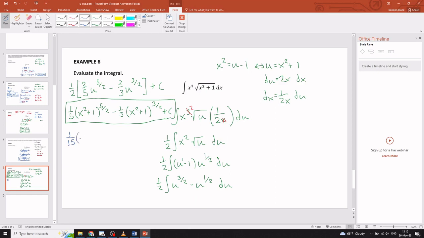So we could factor out an x squared plus 1 to the 3/2. Okay, if we factor that out from this first term, 1/15 times what is going to be 1/5? That's going to be 3. And then how many x squared plus 1's do we have left? Well, we had 5/2. We factored out 3/2, so we have 2/2 left, which is 1. So we have 1 x squared plus 1 left.